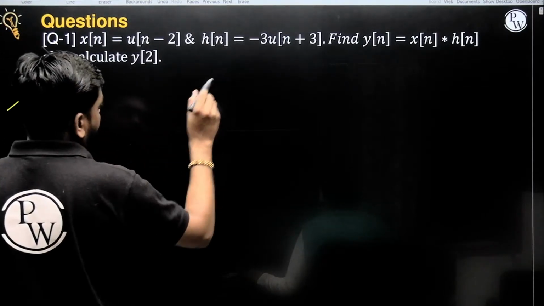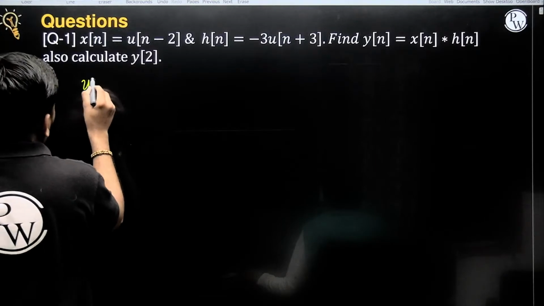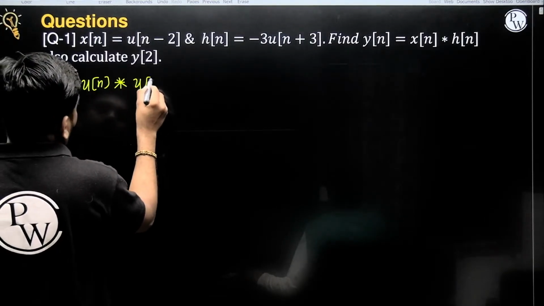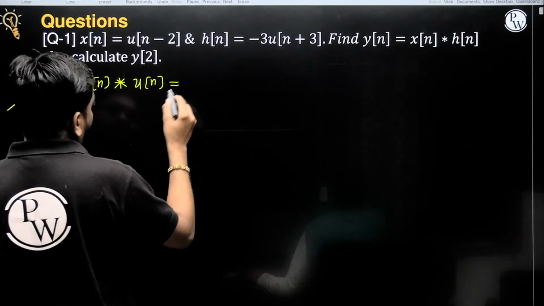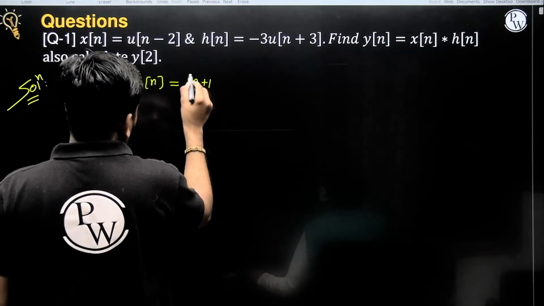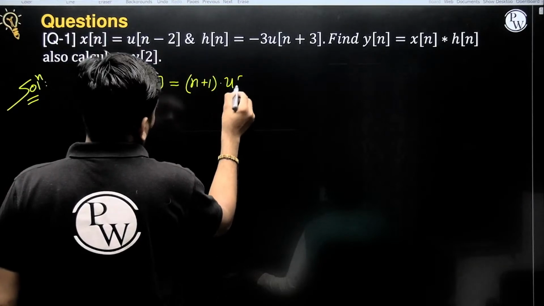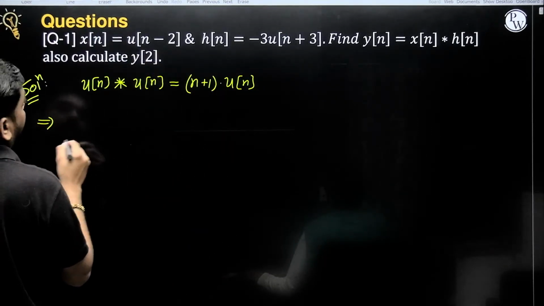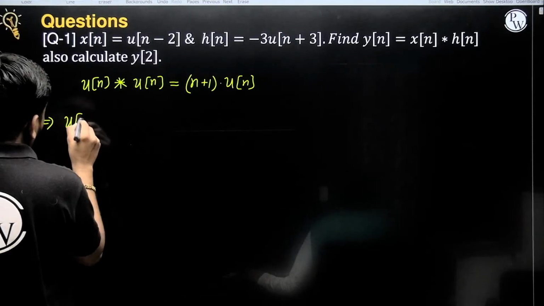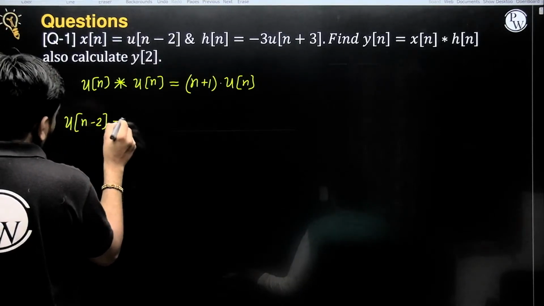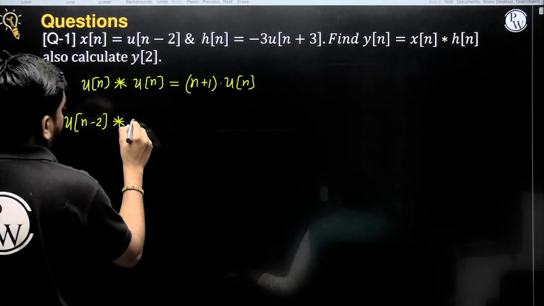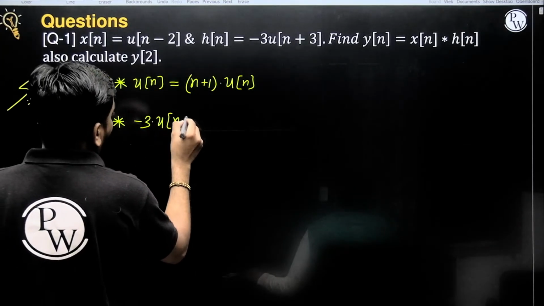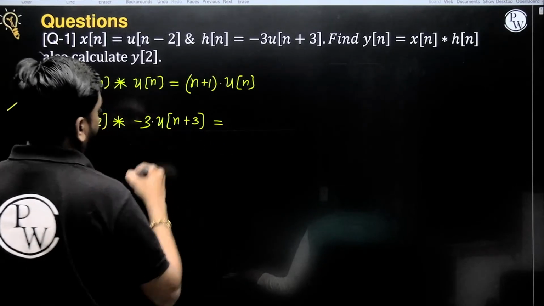First, find the answer without the shifting: u of n convolution u of n is n plus 1 times u of n. So here the first signal is u of n minus 2, convolution, the second signal is minus 3 u of n plus 3.